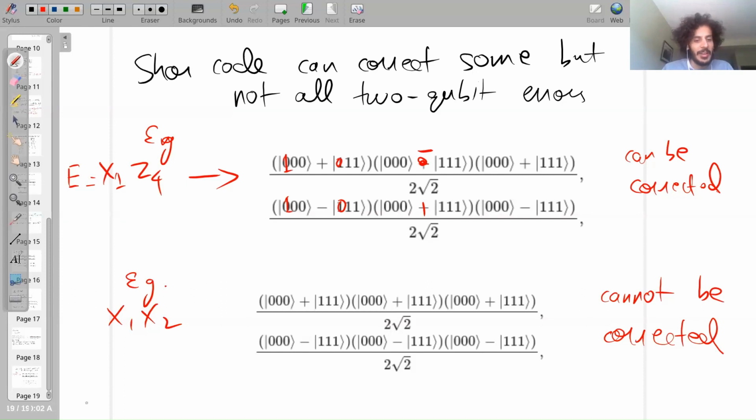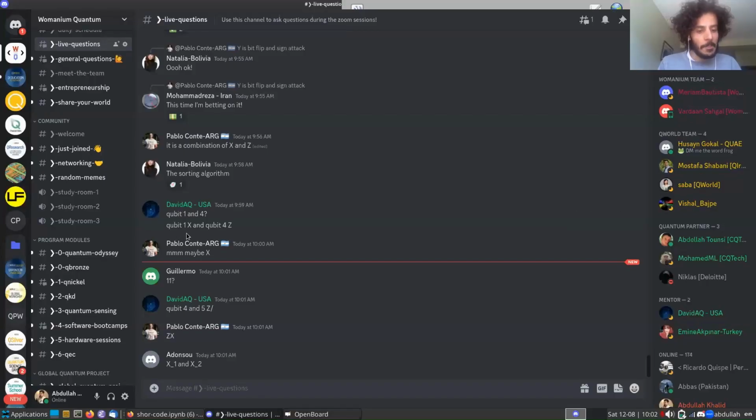X1, X2, right? What it will do is the same kind of mess up that happened in the repetition code for bit flips. It will flip 2 qubits in one block, and then we will make an incorrect estimation. We'll do our error correction process for X, and we will incorrectly assume that it is the third qubit over here that is the wrong one, and we'll apply X3 as our error correction instead of X1, X2. So that's one example. And any other example? What is the Z analog of this?